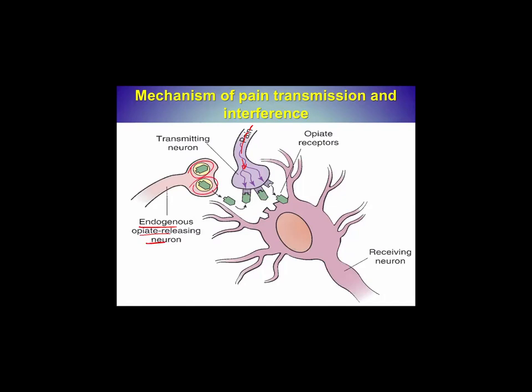We have an endogenous opiate releasing neuron. Here we have our endogenous opiates. When the pain comes, this endogenous opiate releasing neuron releases opiates.